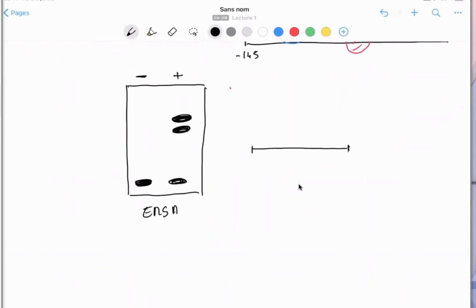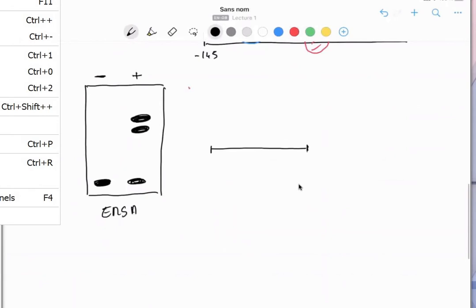Yes, but how? It means that we are in a situation where the same fragment can develop two different types of complex. So imagine this.